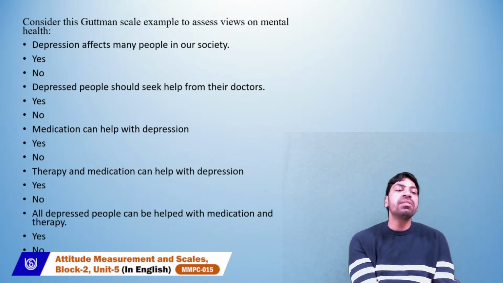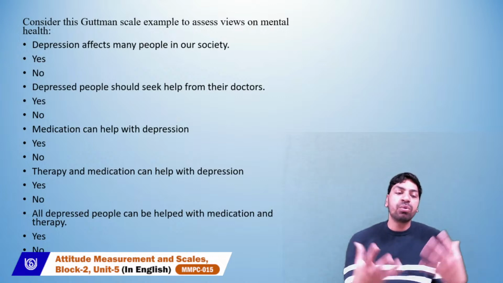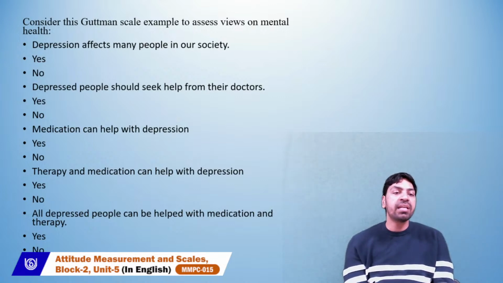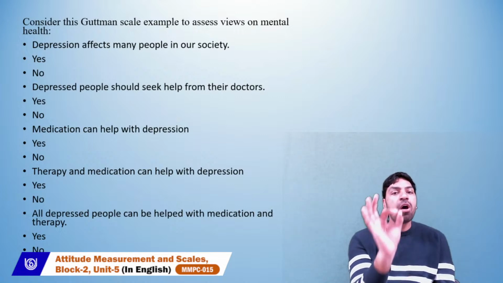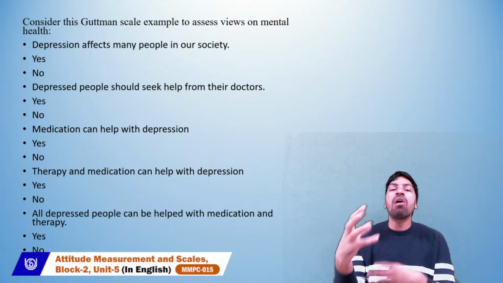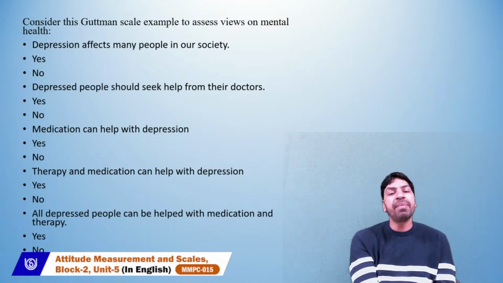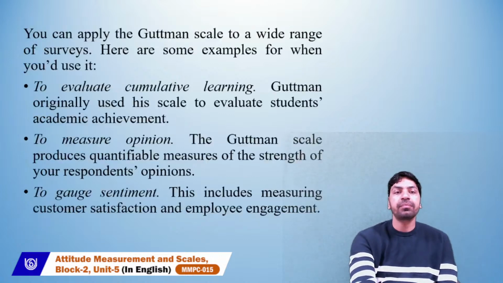The response is yes or no. Therapy and medication can help with depression, yes or no, and so on. So if the questions begin with yes or no in a hierarchical order, that becomes the Goodman scale, which follows the ordinal scale with the ranking and order of the response set.